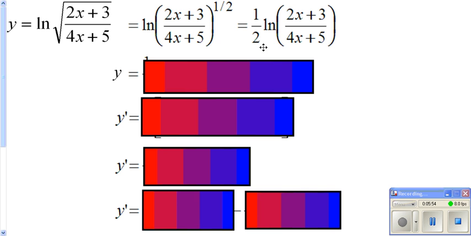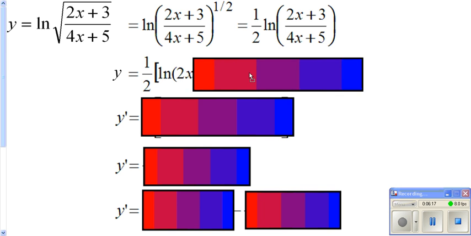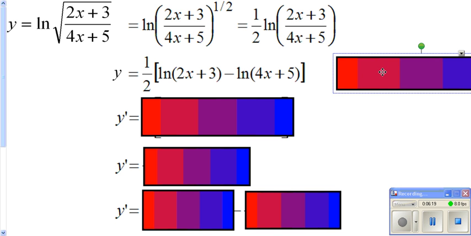If you use your properties of logarithms to expand your initial problem out, it makes it a lot easier to take your derivative. Otherwise you'd have to go 1 over this and then multiply it by the derivative of this whole big, messy, ugly root, which is repeated chain rules. So we're going to continue to take what we have on the right. We have the log of two things being divided, so we're going to go ahead and subtract.